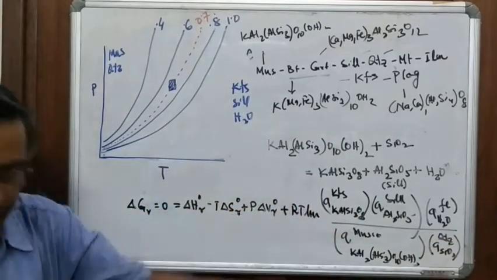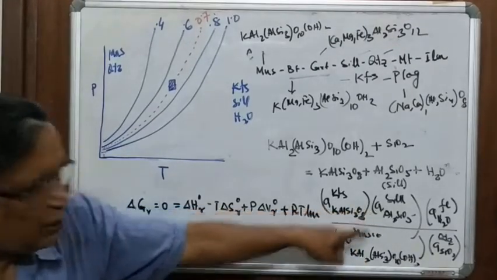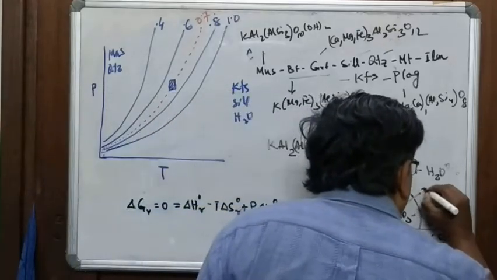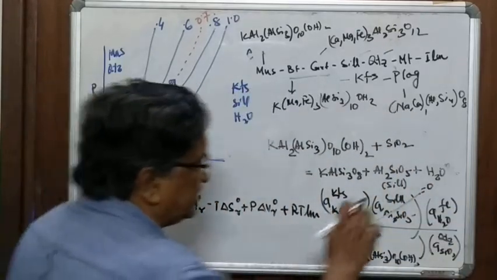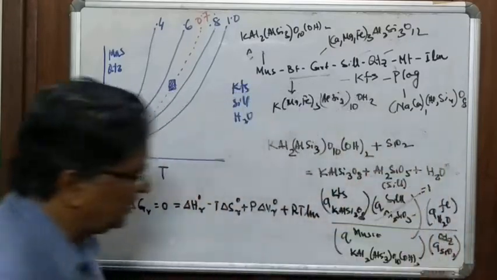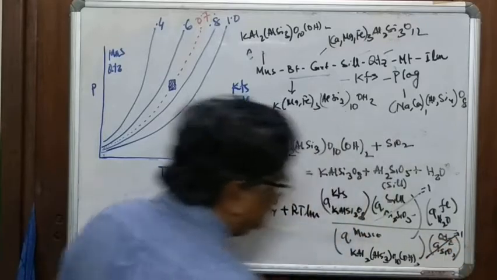Now, if we take sillimanite as a pure phase, which we normally do, this value is equal to 1. Activity of quartz is always equal to 1.